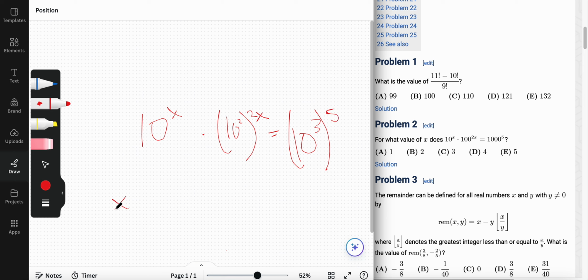So that is x plus 4x using these rules equals 15, right? So x equals 3. So our answer is C.